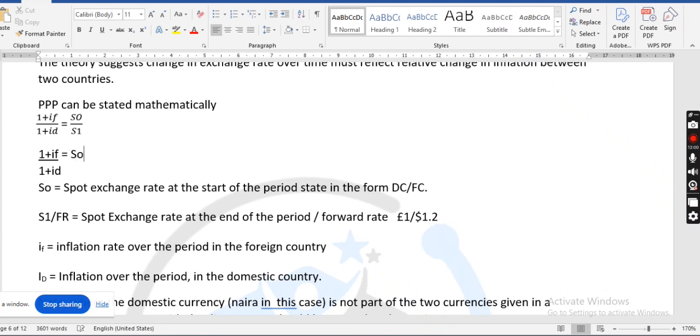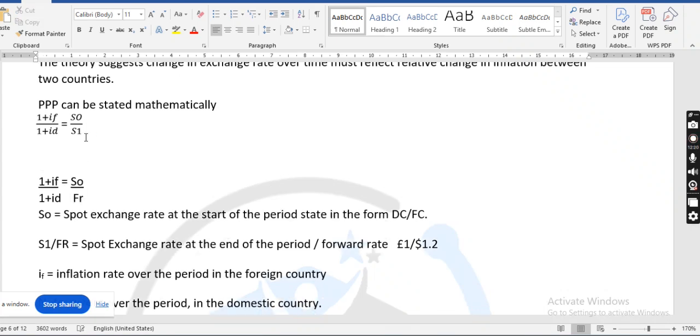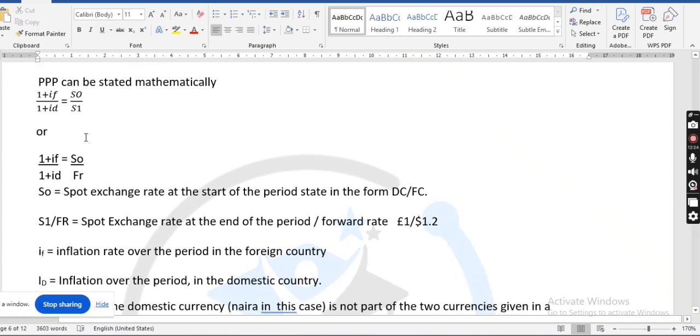This is spot rate. Spot rate divided by SI. The SI is the forward rate. I can use FR here. Forward rate.